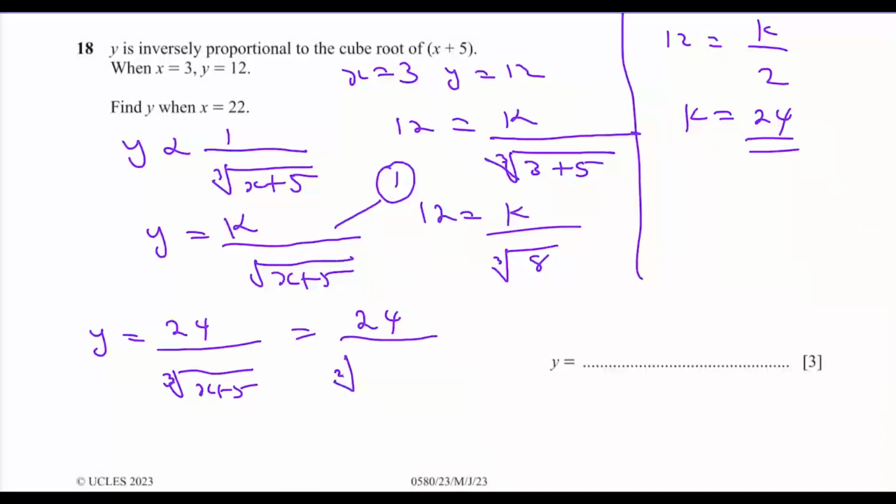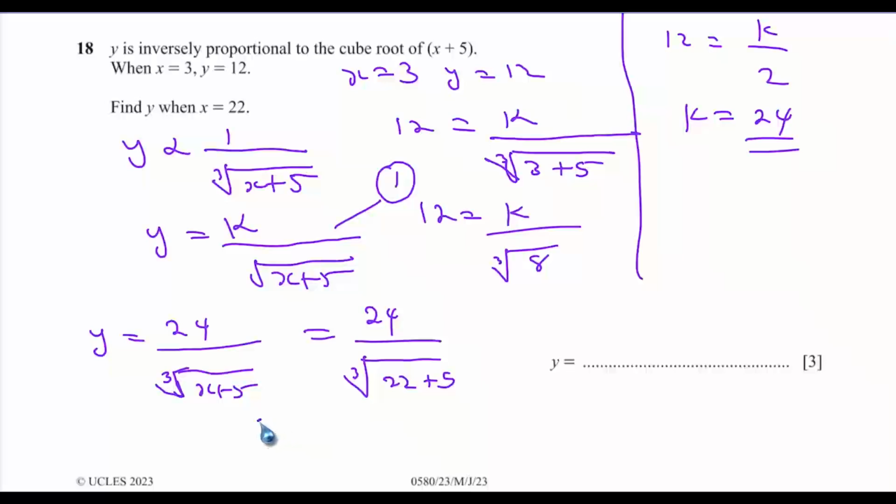So this should be 24 over the cube root of x, now 22, 22 add 5.